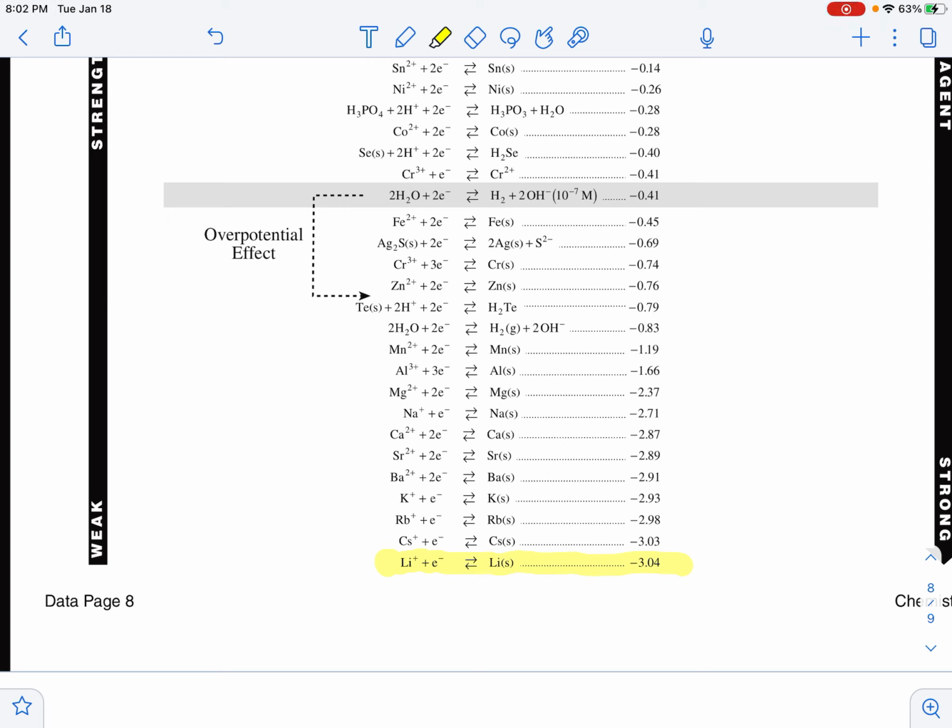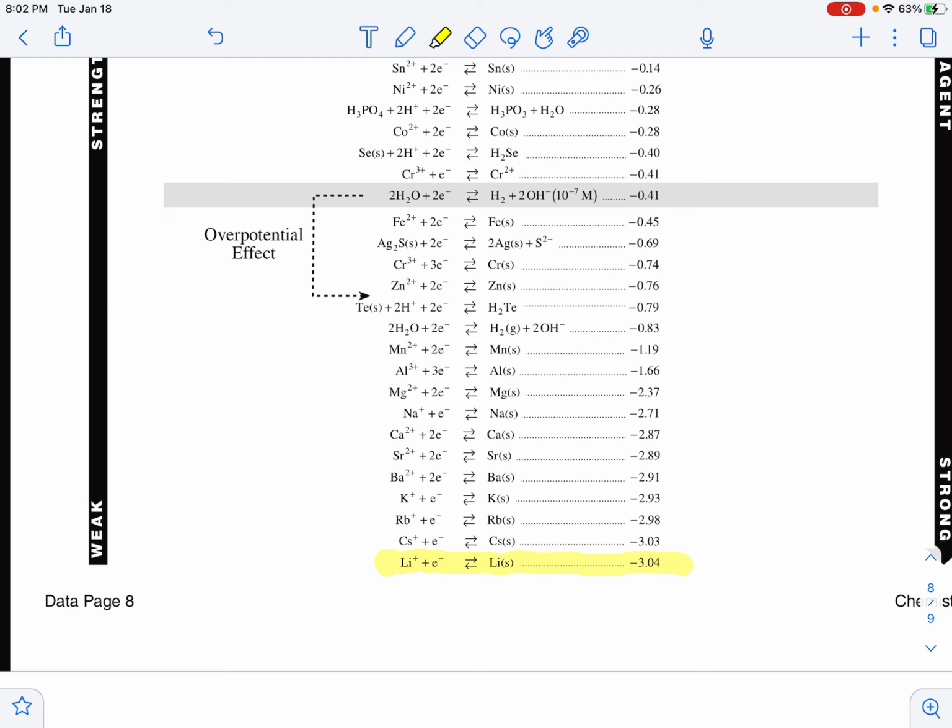The worst thing on the chart for reducing is lithium plus 1. That's the weakest oxidizing agent. It hates to reduce. But on the flip side of that coin, solid elemental lithium oxidizes the best in the universe. So they're opposite to each other. And then you've got everything in between.